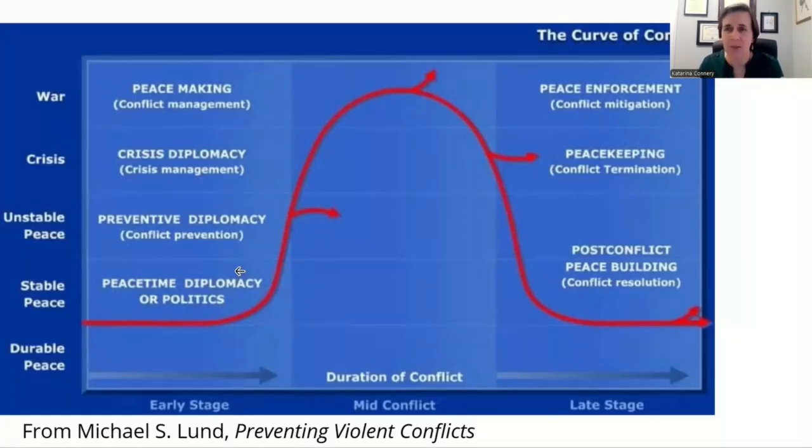So you're trying to just decrease the tensions so that eventually an agreement can be made. You engage in things like confidence building measures, such as a ceasefire. If a ceasefire is called for one day and both sides agree to it and they adhere to it and they respect it, that builds confidence.